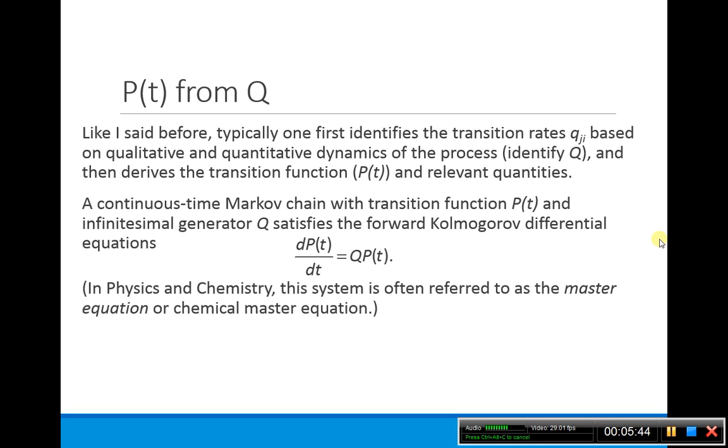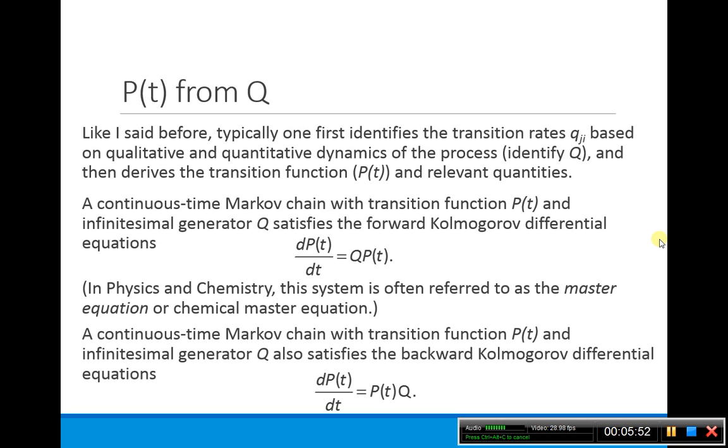And this actually comes up in how you code continuous time Markov chains. Another way that we can think about this is that it also satisfies the backward equation, where our derivative is equal to P of t times Q. Remember, Q times P is not the same as P times Q, but it does satisfy this differential equation here.